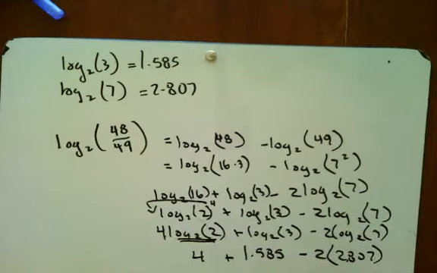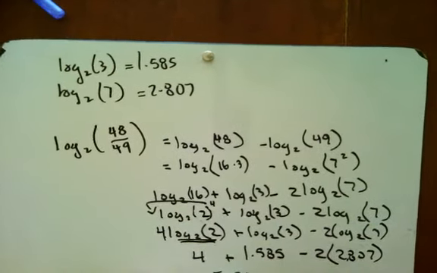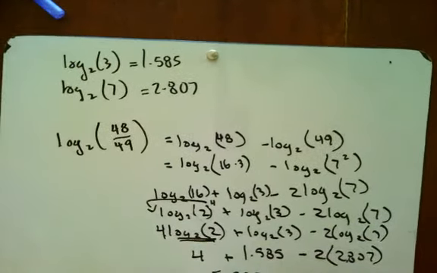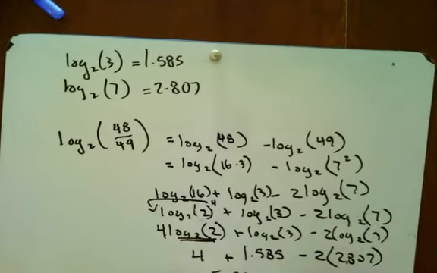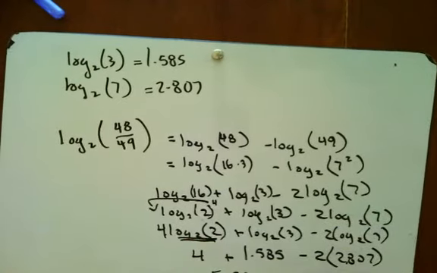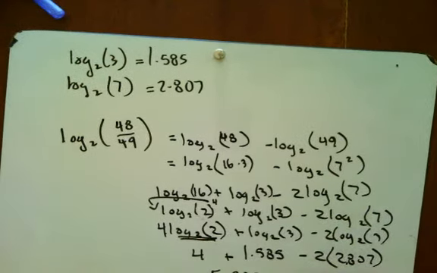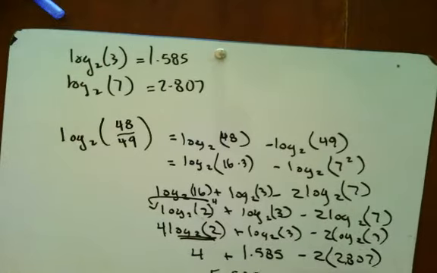Well, what's log base 2 of 2? Log base b of b is 1. 1 times 4 is 4. Log base 2 of 3, they told us up here in the start of the problem, was 1.585, and then we have minus 2 log base 2 of 7, they also gave me 2.807.